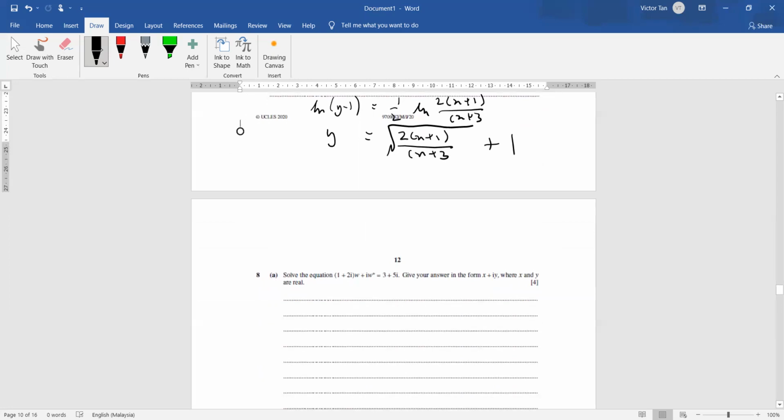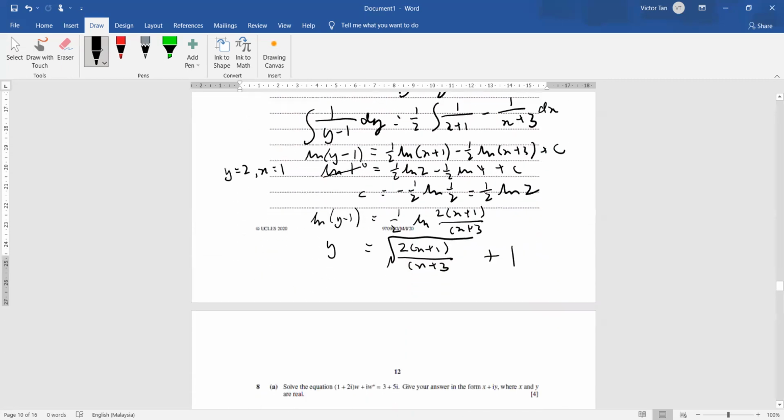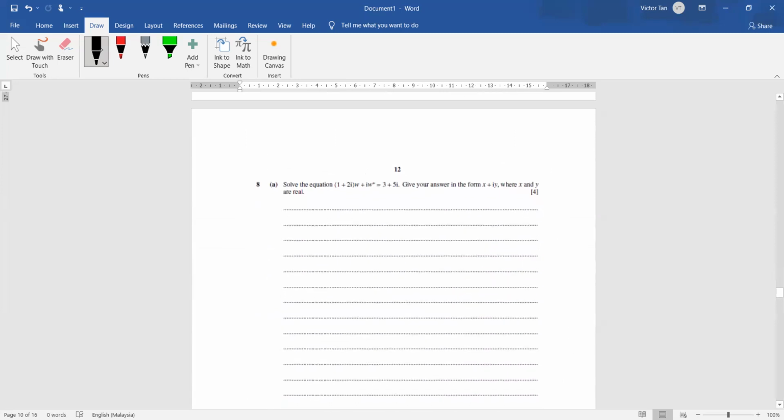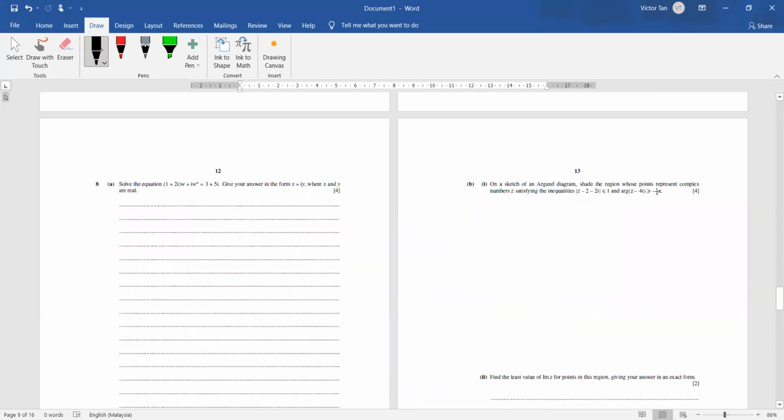Next question. Oh, 9 marks. Solve the equation 1 plus 2i w plus i w conjugate equals 3 plus 5i.